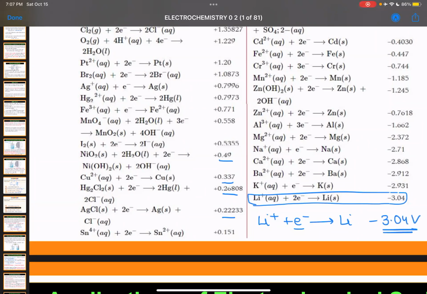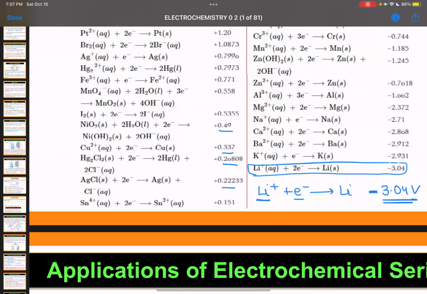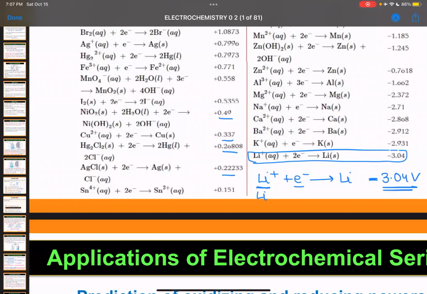It means the lithium plus ion doesn't want to accept an electron. That's why its electrode potential is so negative. Clear? So if you put the equation in a reverse manner, it will look like this: lithium giving lithium plus and an electron. And because you have reversed the equation, the electrode potential will also change its sign. So it is plus 3.04 volt.